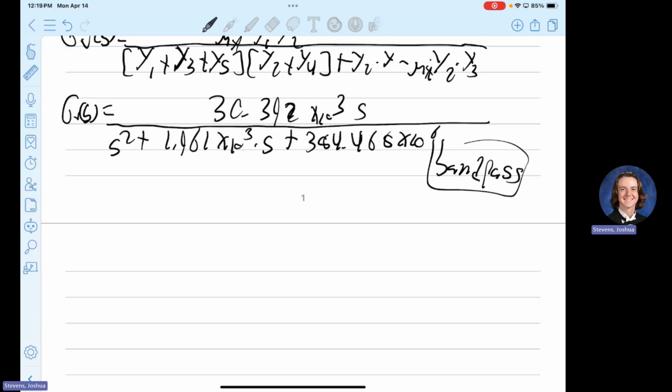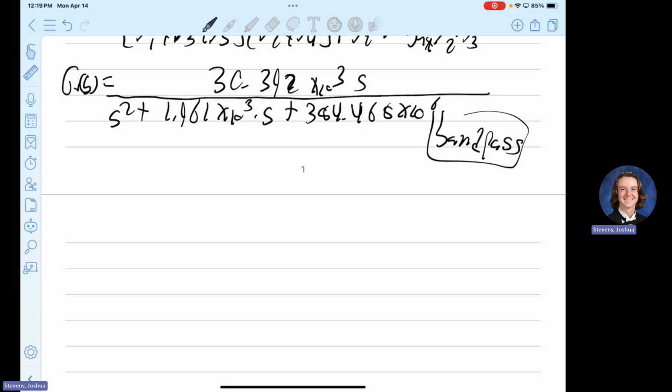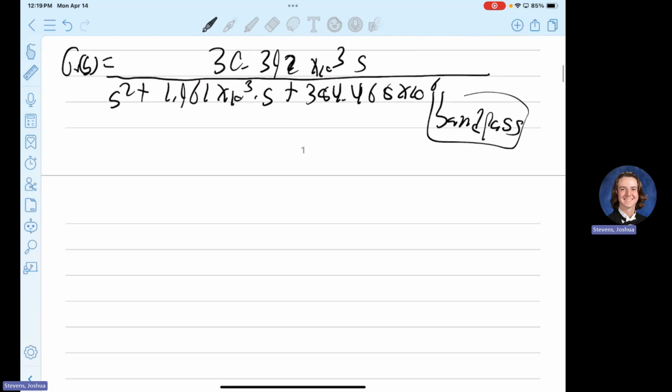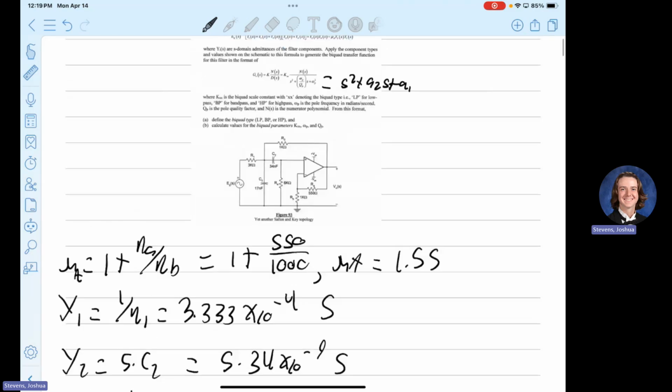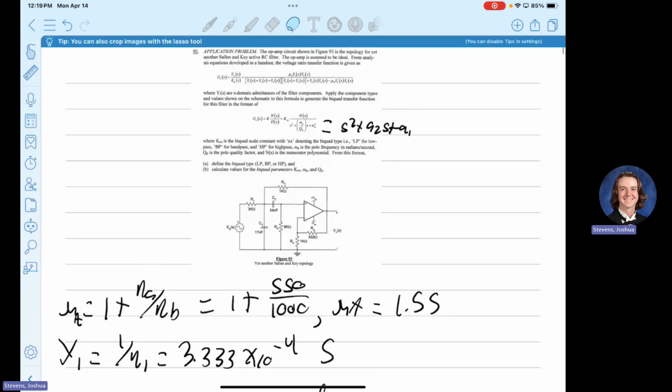Define the biquad parameters. Band pass. And that is because, as we just noted, why is it band pass? Exactly. Okay. So the denominator has the form of S squared plus omega P divided by QP times S plus omega P squared. Well, we have to find these values.